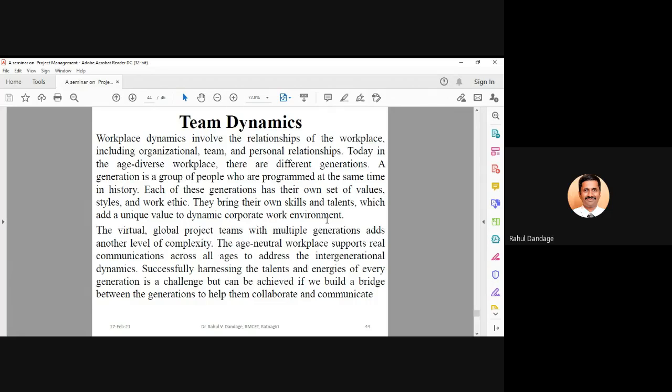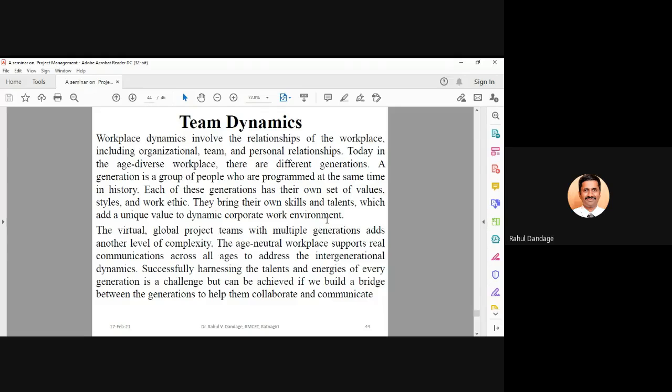Everybody must take one step back and try to listen to someone, to understand their feelings. The project manager must play an important role in bringing cohesiveness to the team, irrespective of whether they are from different generations. Whenever people from different generations work together, we should find the energy of each generation and the talents hidden in each.